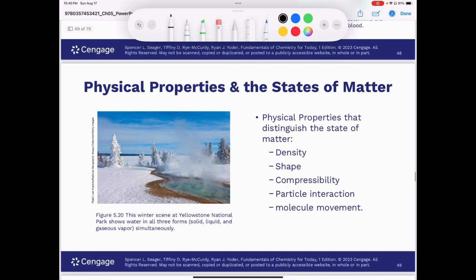Physical properties and the states of matter. So physical properties that distinguish the state of matter. Some physical properties we're interested in this class are density, as well as shape, compressibility, particle interaction, and molecule movement.